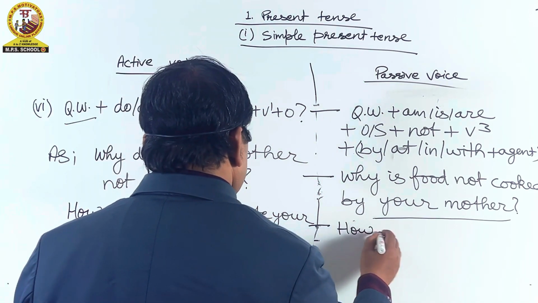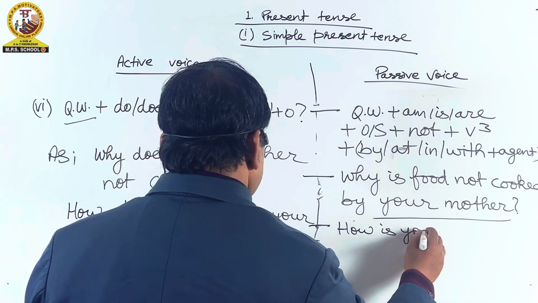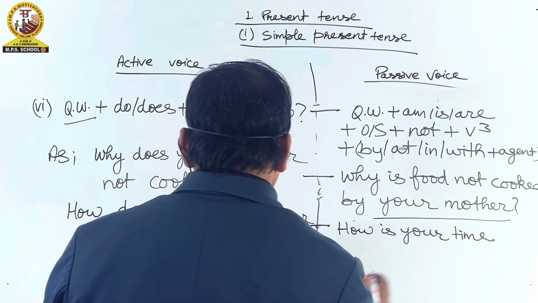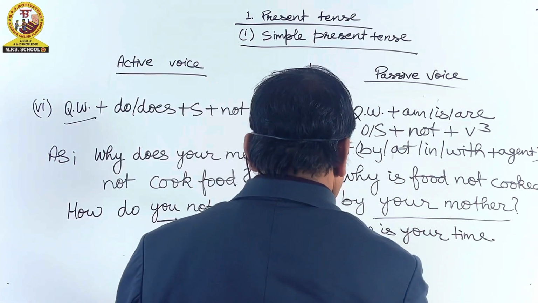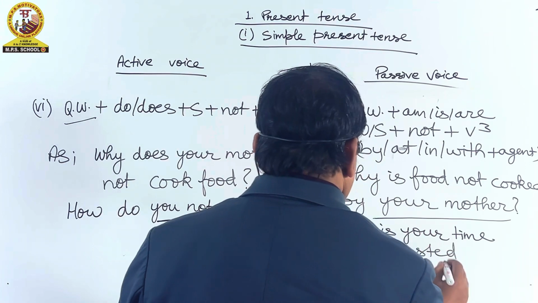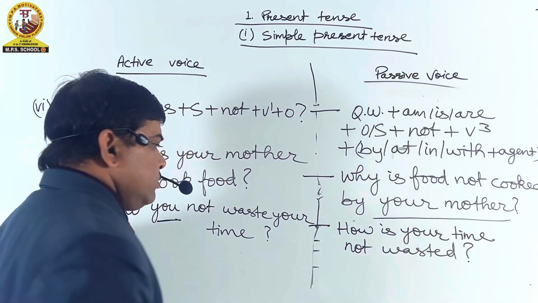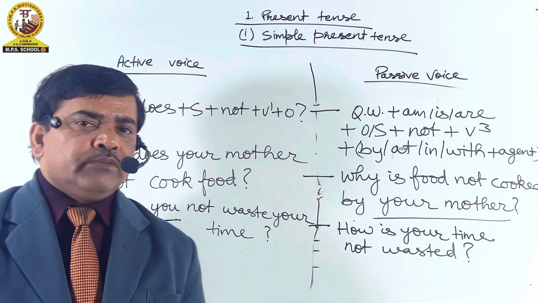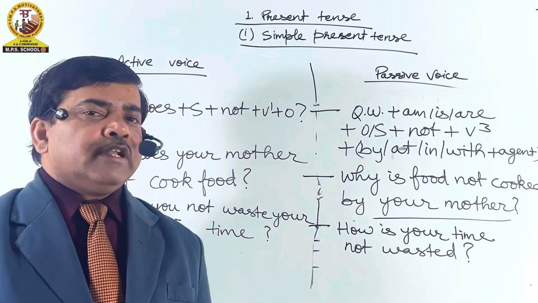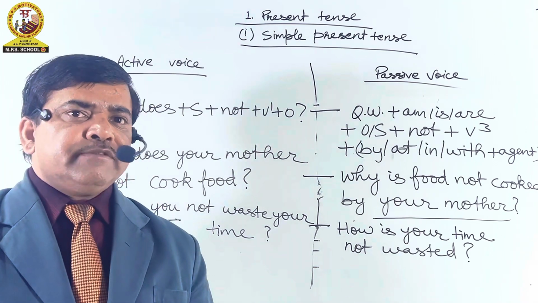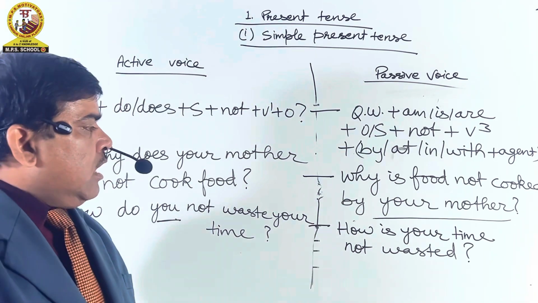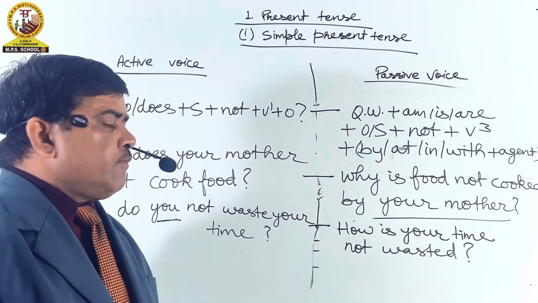How is your time not wasted? Not wasted. Here we don't need to write by you, because if time is mine, it will not be wasted by others, it will be wasted by me. So we shall not write how is your time not wasted by you.